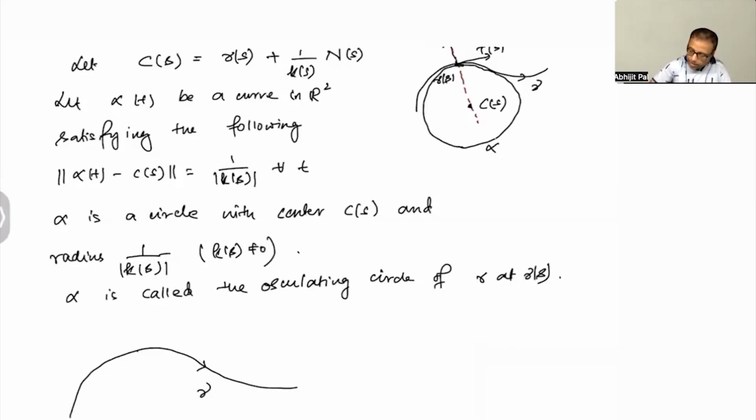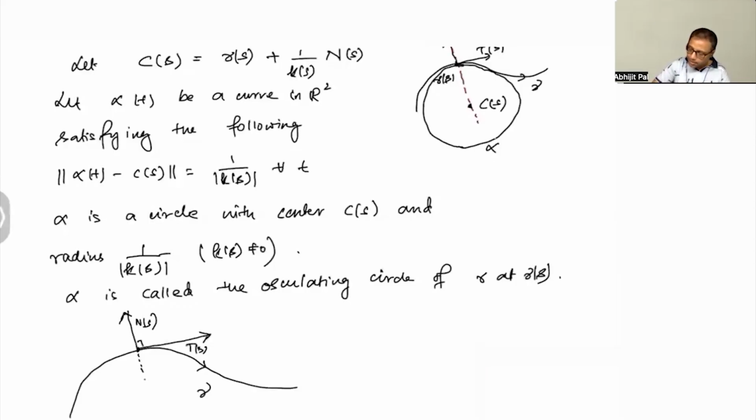This is my unit tangent vector here, and this is my normal. Note that the curve is bending away from this unit normal vector ns.